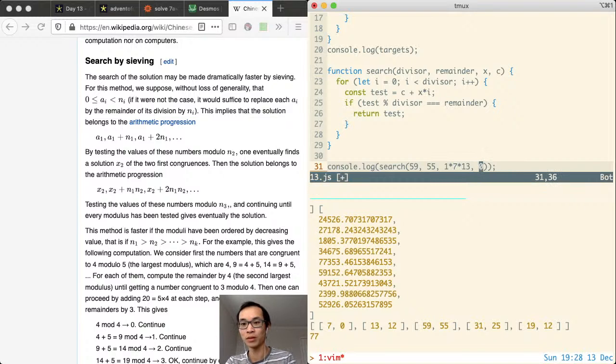Our answer was 77. That gets us 350. The next one is 31, 25, multiply 59, and our answer is 350. Then the next one is 19, 12, multiply that by 31, and our answer to that was 70147. That gives us 1. That's the answer. So that is the algorithm.